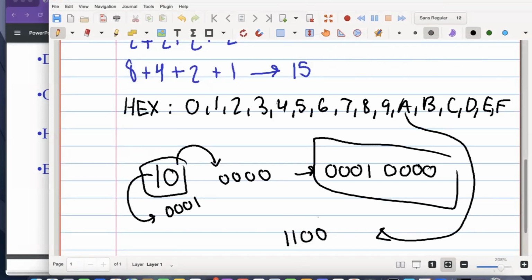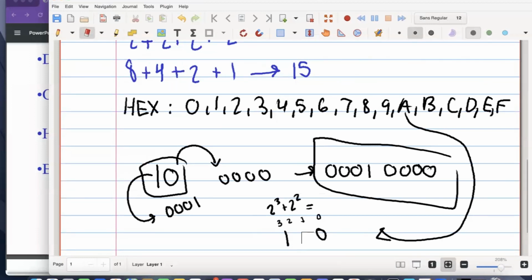Let me convert this back just for practice. This is the 1's term, second term, third term. So it's 2 to the 3 plus 2 to the 2, which is 8 plus 4. Wait, I'm doing this wrong. Give me 2 seconds.